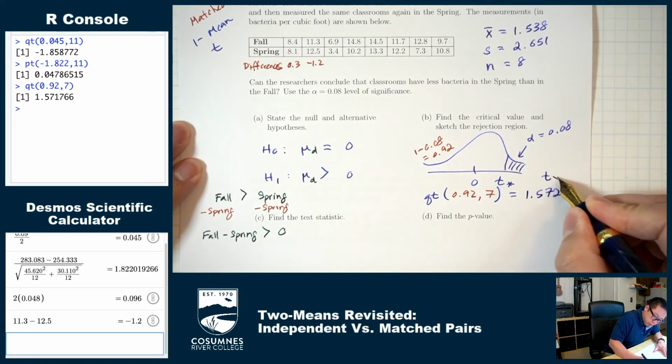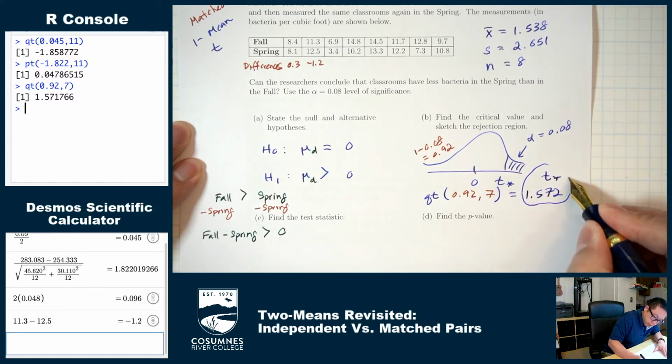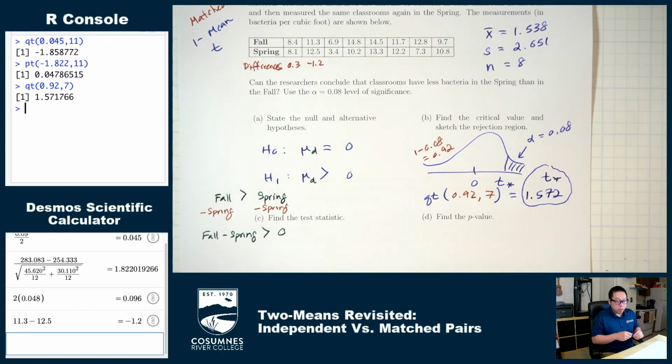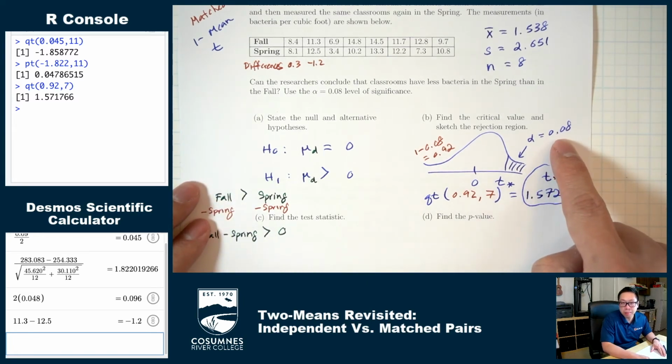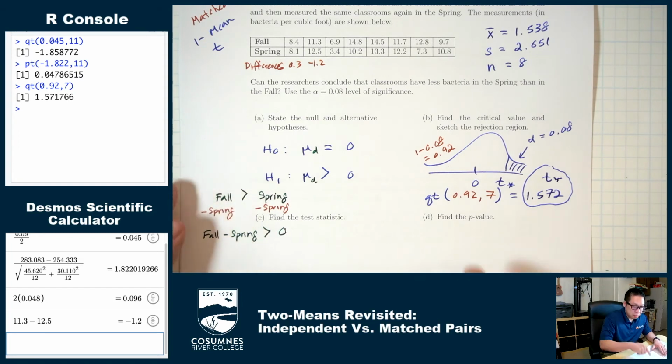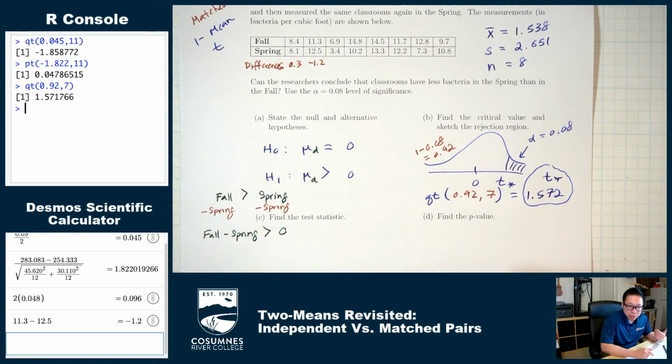Okay, that's a T star. Now, if for some reason you got a negative answer, what probably happened was you forgot to do a 1 minus on the 0.08, which is fine. Just remove the negative from it, and you'll get 1.572. Okay, so make sure to match your picture.